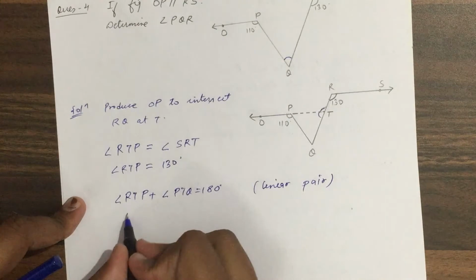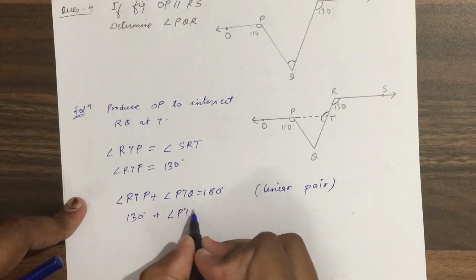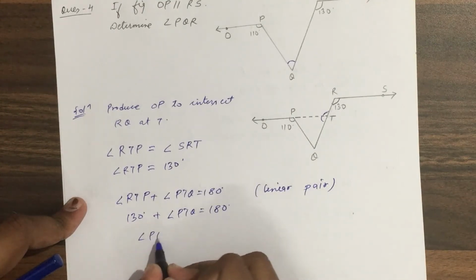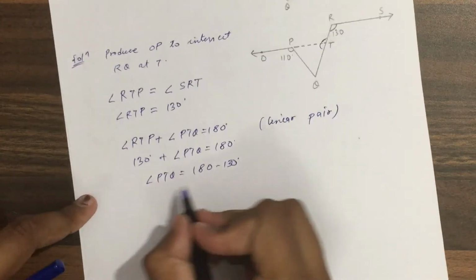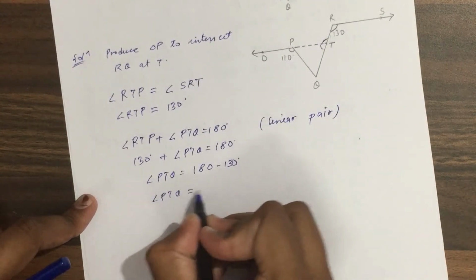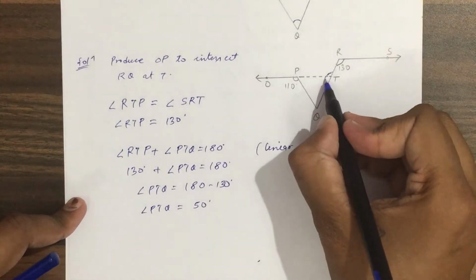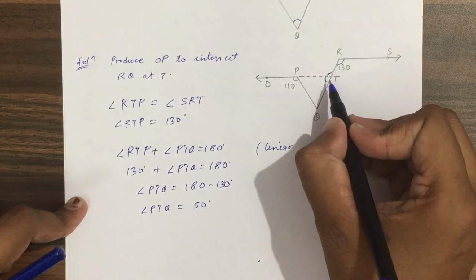This is a linear pair. RTP you have calculated as 130 degree plus angle PTQ you have to calculate. So angle PTQ will be equal to 180 minus 130. So this will give you angle PTQ equal to 50 degree. Okay. So this angle is coming out to be 50 degree.